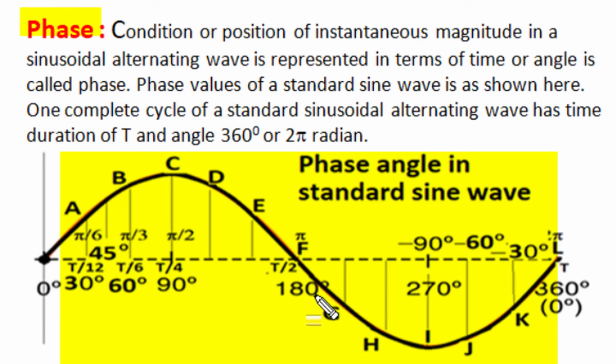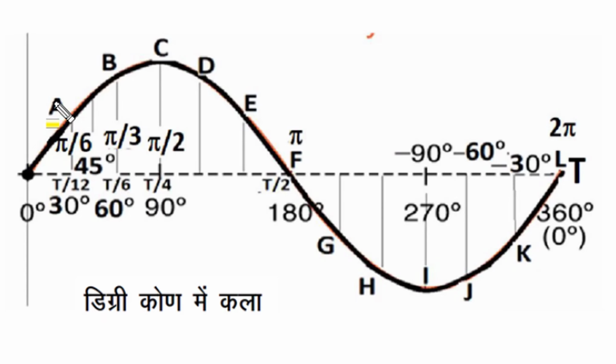One complete cycle of a standard sinusoidal alternating signal has a time duration of capital T or angle duration of 360 degree or 2 pi radian, and any position or condition of instantaneous magnitude is represented as a subfraction of the total time period or total angle of the cycle.